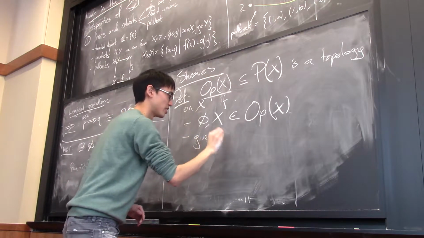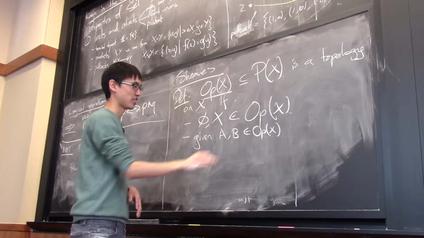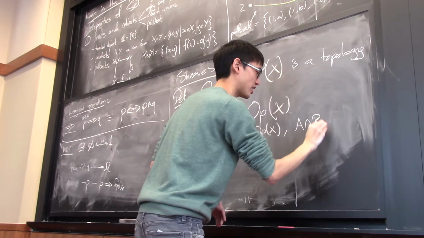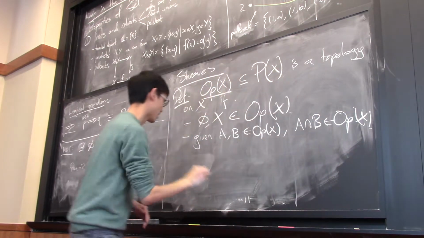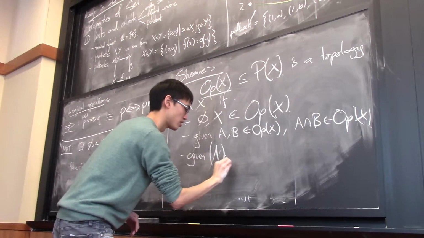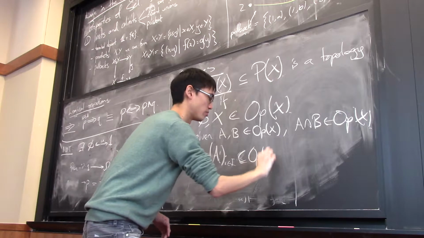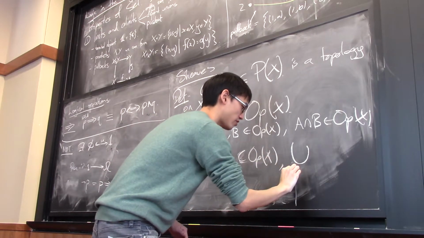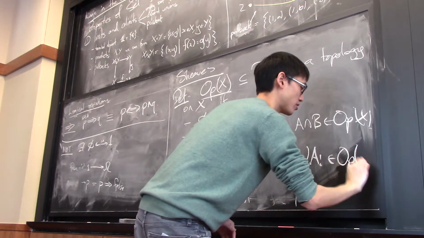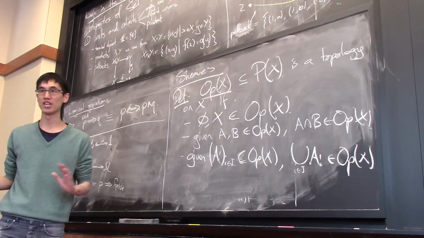Given two open sets, that is, A and B in this collection, their intersection is open. And given any number of open sets we like, each a subset of X, the union of all of these is open. The open terminology comes from, say, open intervals on the real line.